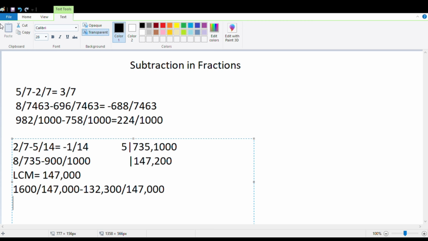So now, what shall be the answer? The answer will correspond to 1600 minus 132,300, which will equal a negative 130,700.